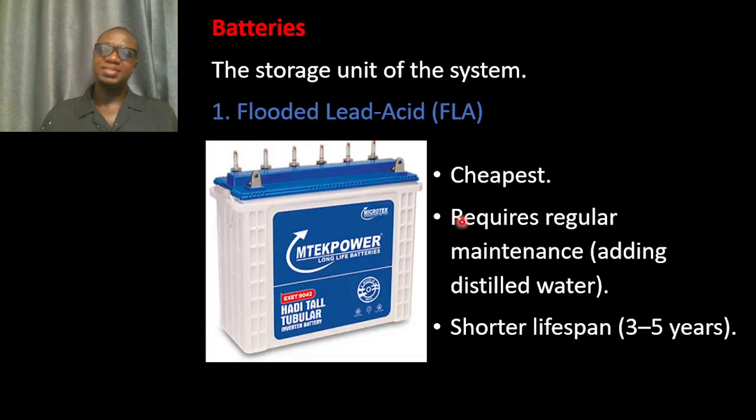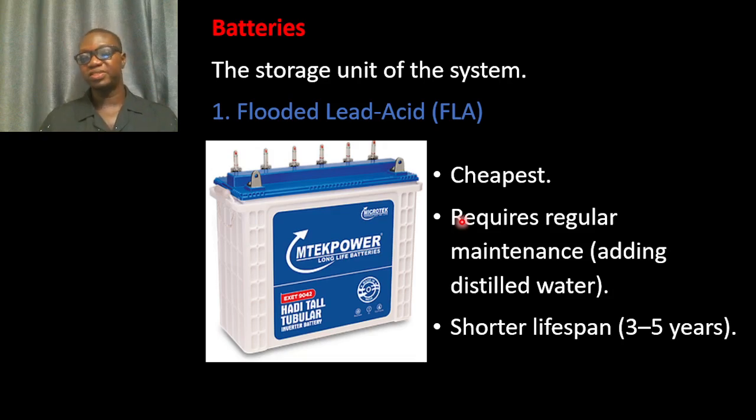So the next thing in the components of a solar system is the battery. This one is the warehouse, or the storage unit of the whole system. And there are different types of batteries. We have the first one, the flooded lead acid battery, FLA.